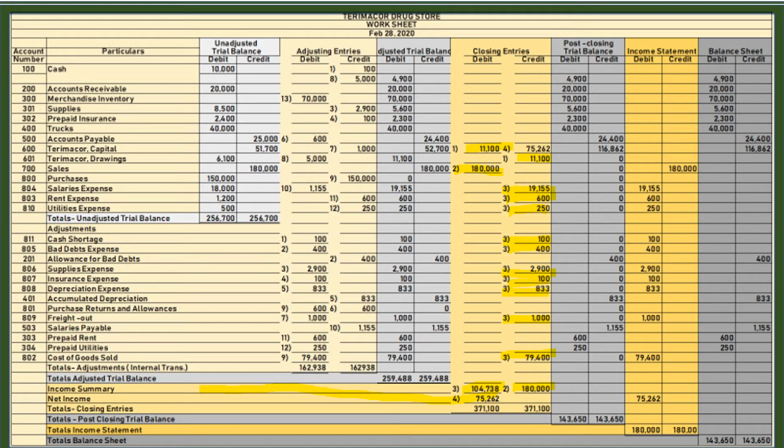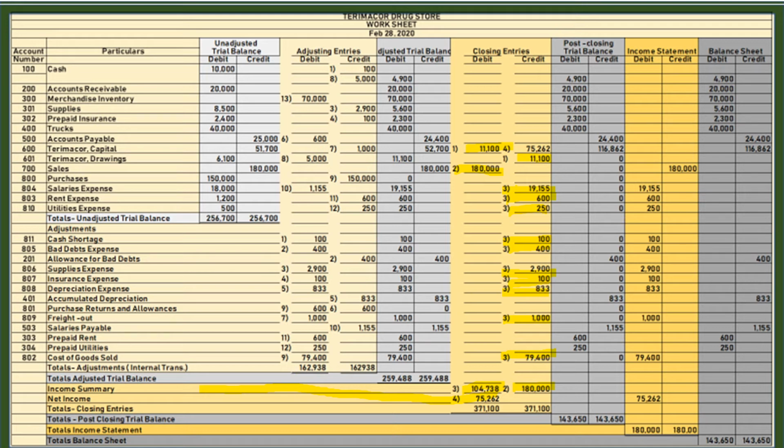This becomes the income summary account, except for the capital and drawings. The total of these expenses, the difference between the total expenses and the total sales, will be the net income or net loss.